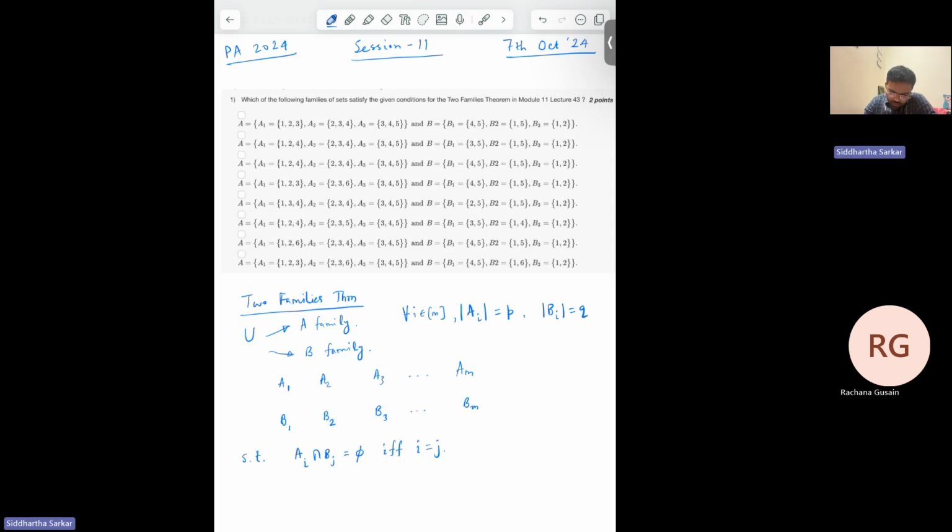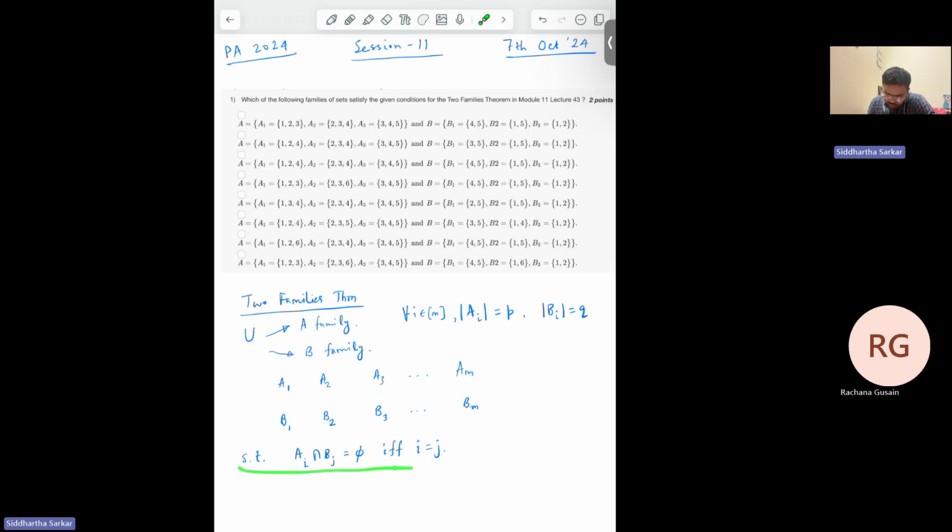It means that A1 intersection B1 is empty, but A1 intersection B2 is not empty. Similarly, A1 intersection B3 is also not empty, and so on. But A1 intersection B1 is empty, A2 intersection B2 is empty, A3 intersection B3 is empty, and so on.